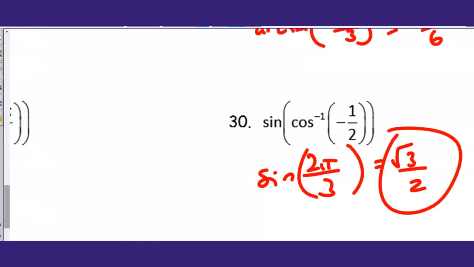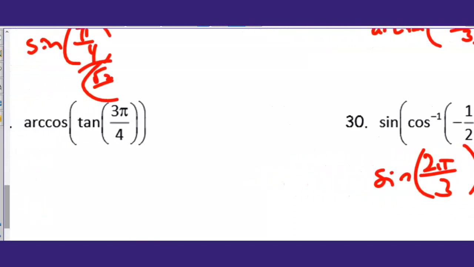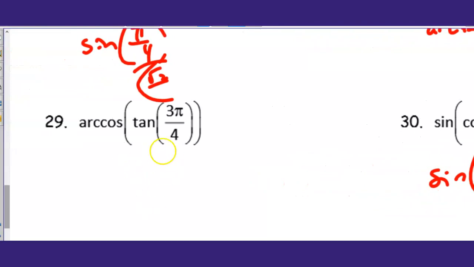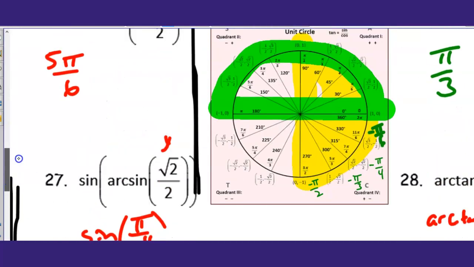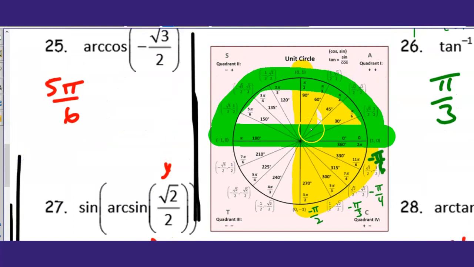That was 30. Let's go to 29. So tangent, guys, again, that's tangent 3 pi over 4. That is not the inverse, so I go look on the actual unit circle. I'm not restricted to the yellow side. Where's 3 pi over 4? Right there. Tangent: radical 2 over 2 divided by negative radical 2 over 2.